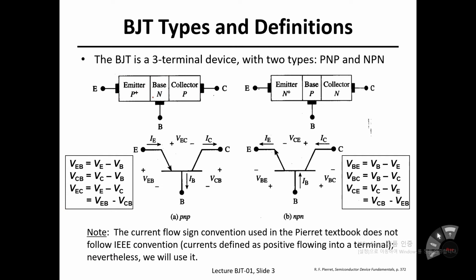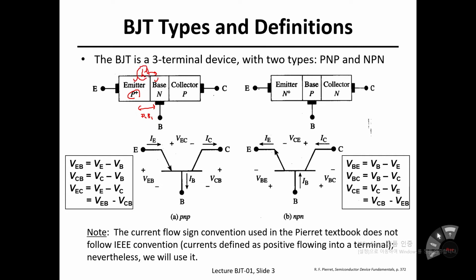And then, with your own knowledge of the PN junction diode, how do we inject or emit the holes from the P+ region? Yes, you should apply forward bias between emitter and base.